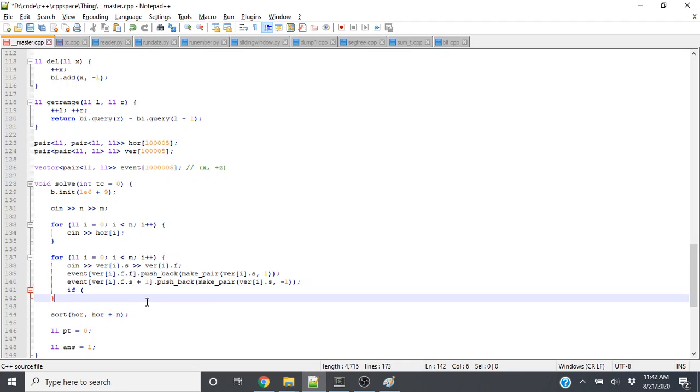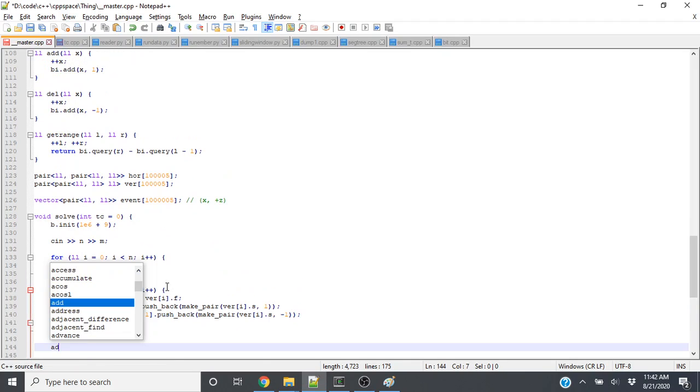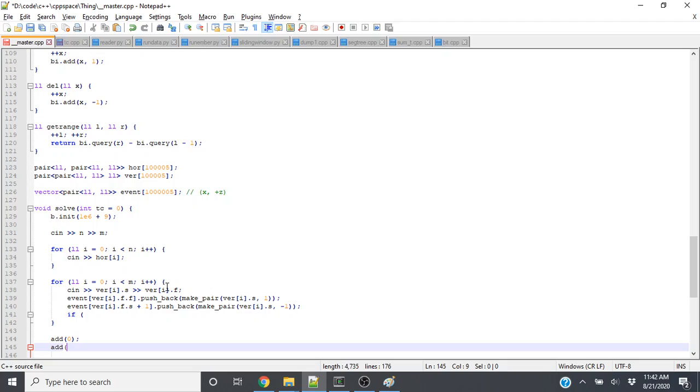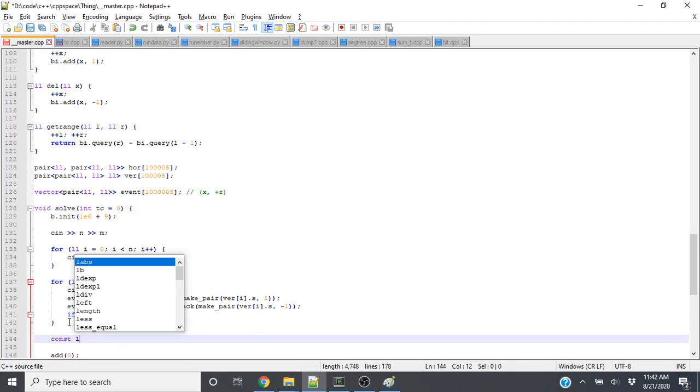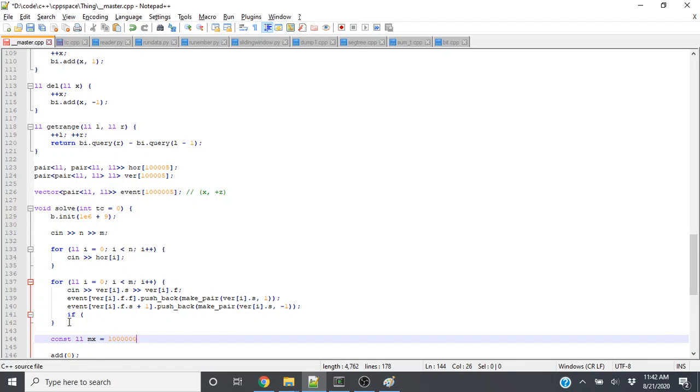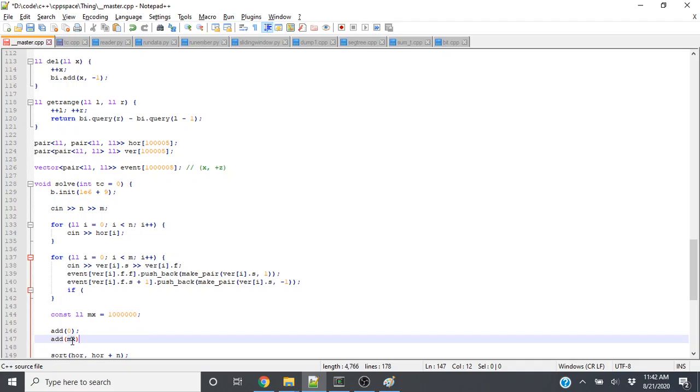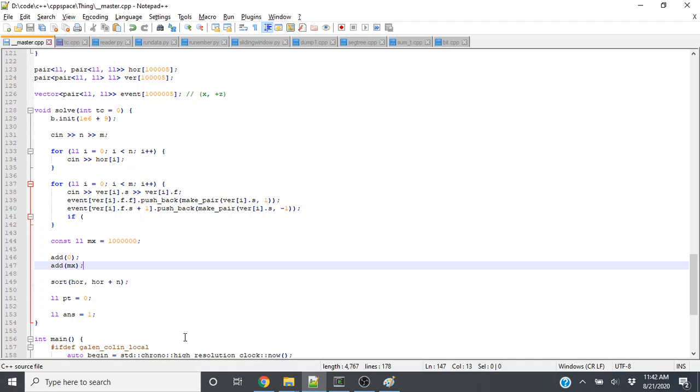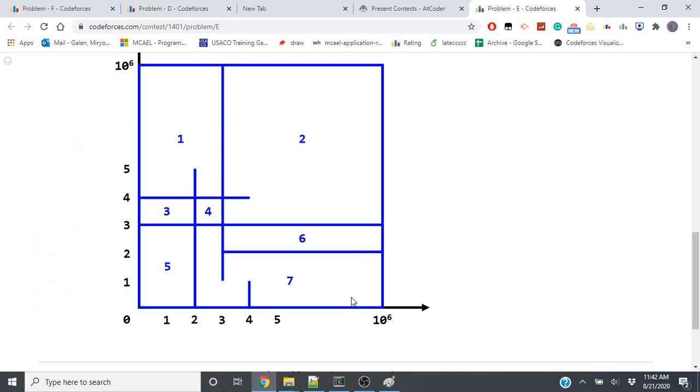We're also going to add 0 and add max, since we want the segments on the ends.